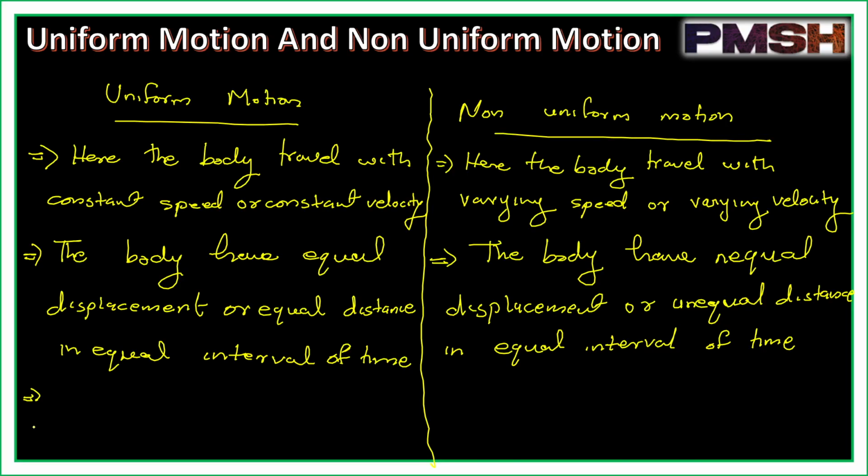So constant velocity means the velocity is not going to change, so the change becomes zero, isn't it? But uniform motion means the body travels with a constant speed. That is, there is no change. Hence, acceleration is zero. So in uniform motion, the body's acceleration will be zero.